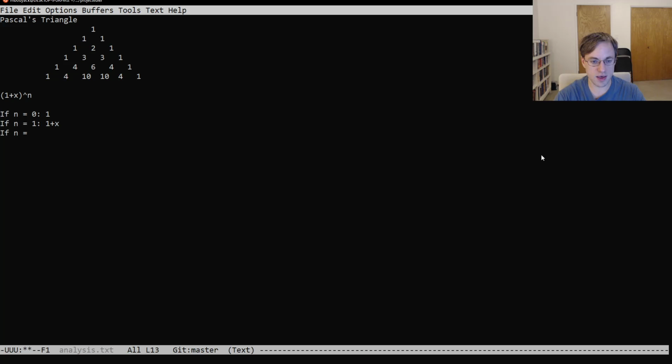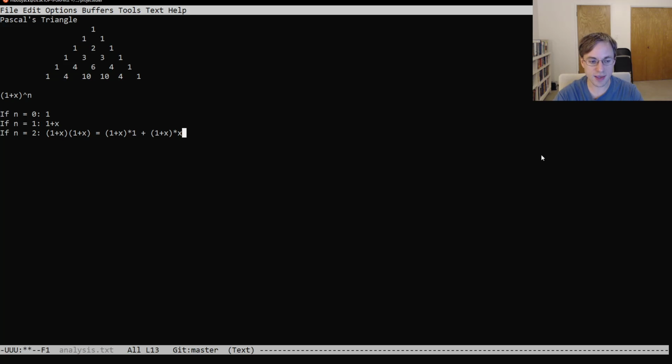If it's 2, then it's going to be (1 + x) times (1 + x). And this may be starting to push the limits of your memory in terms of high school algebra, or perhaps not. But in any case, you may recall that we can distribute this number to each of the numbers inside this sum here. So we can write 1 times (1 + x) plus x times (1 + x).